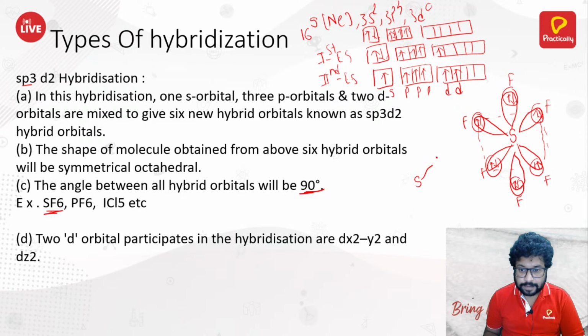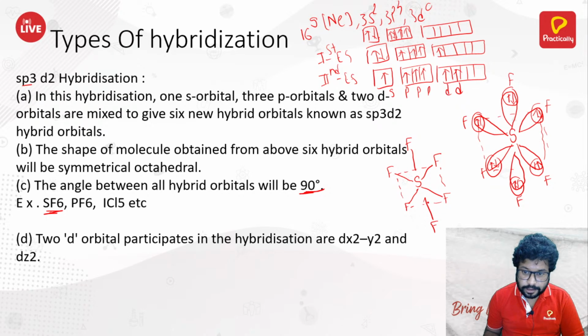Okay, so let me draw it a different way. SF. Okay, and this is your octahedral shape. This shape is called an octahedron.